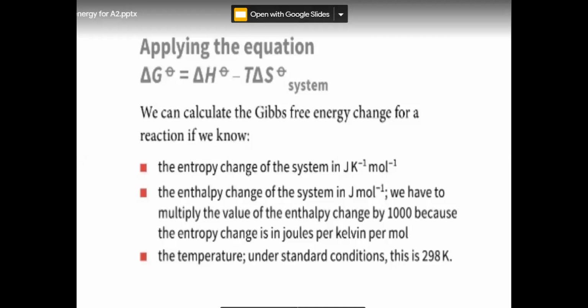So in order to calculate, we have the same formula for delta G. If we need to calculate it under standard conditions, we need to have the delta H mentioned in the question, and we need to have a delta S, which is the entropy. Because these are the values at standard conditions, we are going to take the temperature as 298 Kelvin, or 25 degrees Celsius.